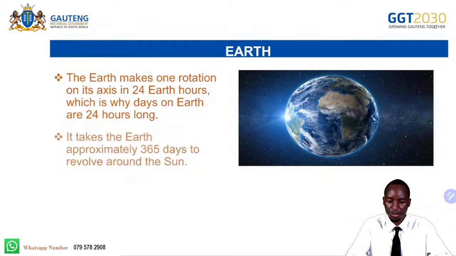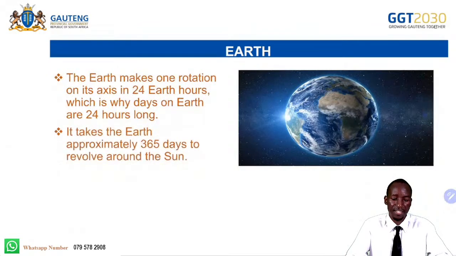And also we have to know that it takes about 365 days for planet Earth to move around the Sun. And remember that planet Earth is the one planet which can sustain life. And then also we have to note that planet Earth is third closest to the Sun, the first being Mercury, then we've got Venus, then comes planet Earth.